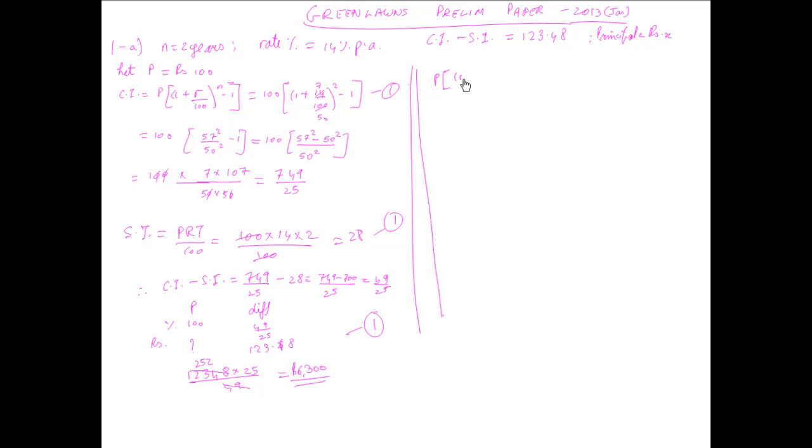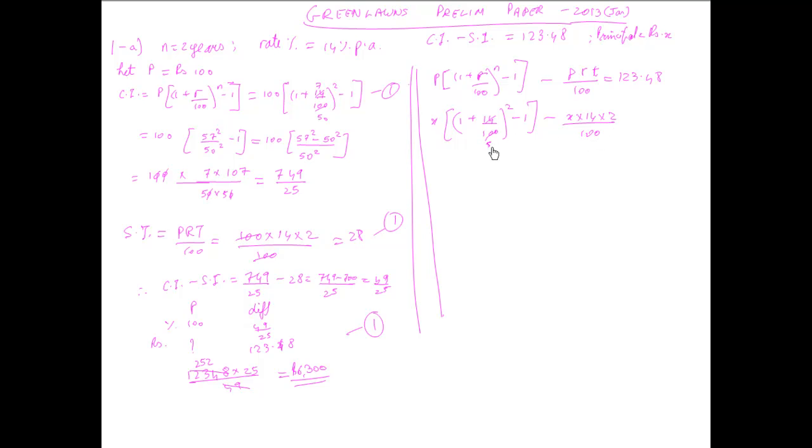Of course, principal times the formula (1 plus R upon 100) raised to the power of N minus 1, minus PRT upon 100, is equal to 123 rupees 48 paise. Which will be X times (1 plus 14 upon 100) raised to the power of 2 minus 1, minus X into rate into time upon 100.